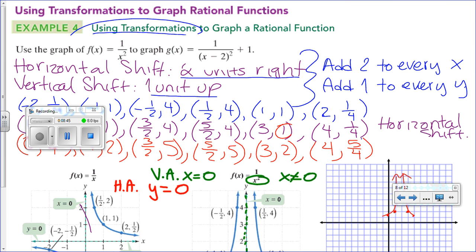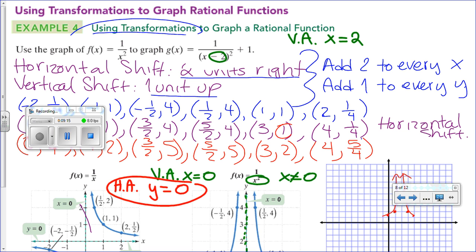So for the transform function, we are saying that we're moving our graph 2 units to the right. So the vertical asymptote, instead of being at x equals 0, will also be shifted 2 units to the right, and therefore it will be x equals 2. That's the vertical asymptote. The horizontal asymptote, the parent function had it at y equals 0.